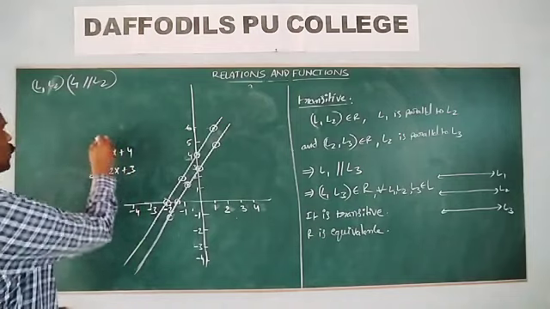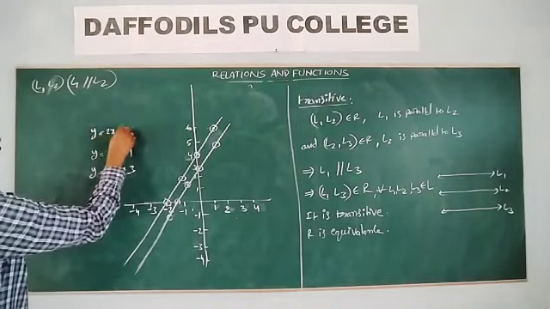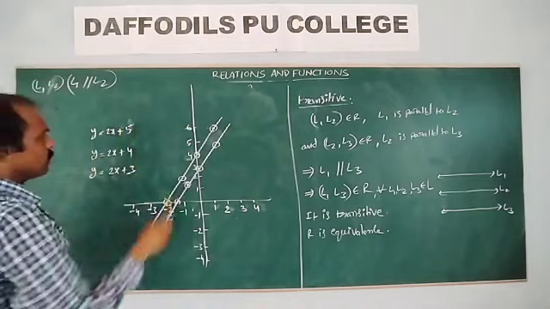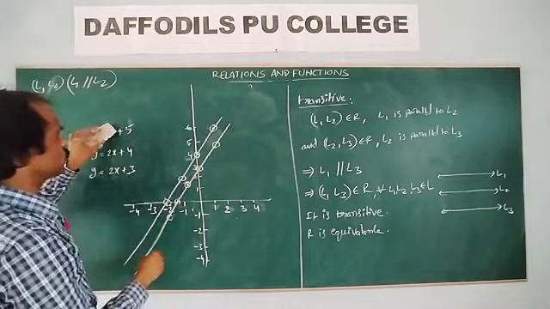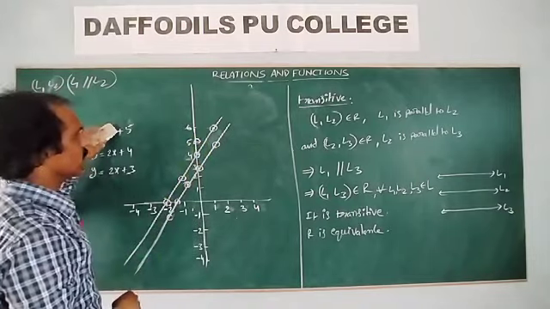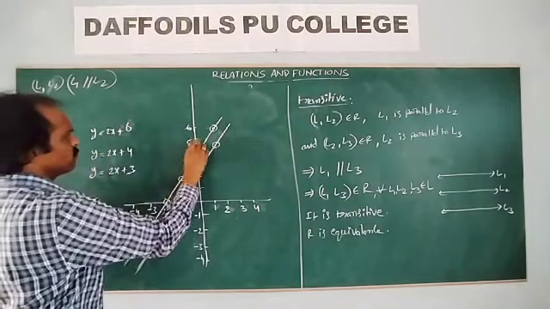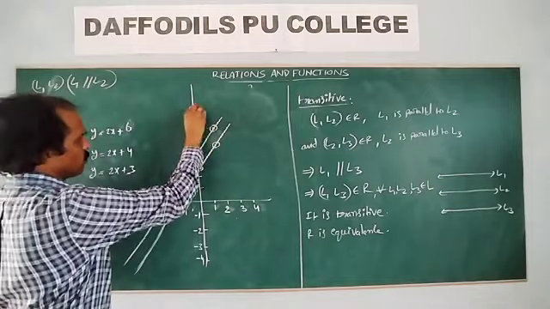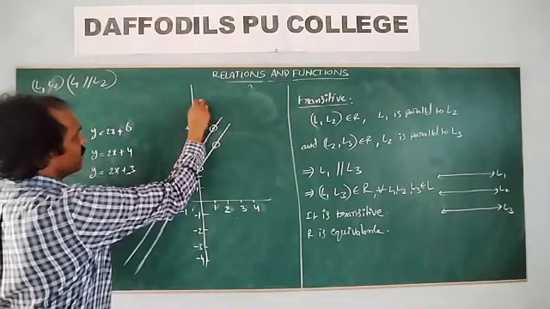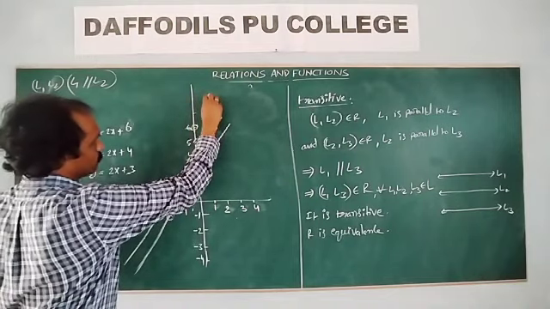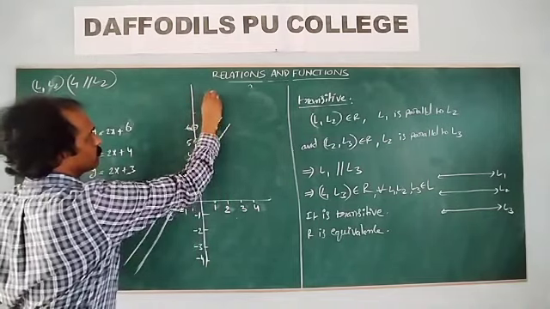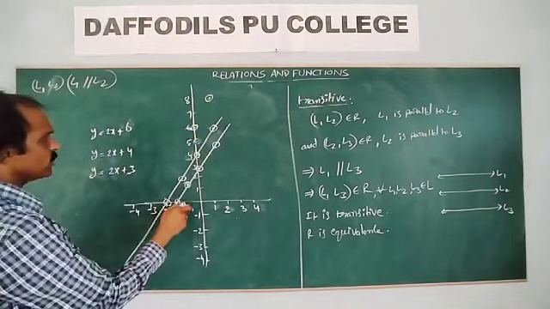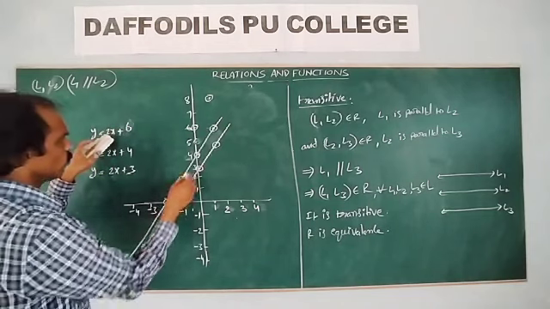Okay. Suppose y is equal to 2x plus 5. Here I put x equal to 0, 5. Or else take 6. X is equal to 1, 7 or 8. Next, x is equal to minus 1, 6 minus 2, 4.